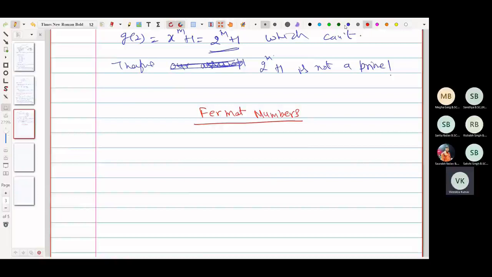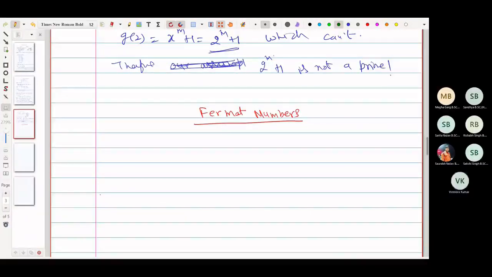He said that a number of a particular form can generate many primes, or rather he said that a number of a particular form will generate primes only.